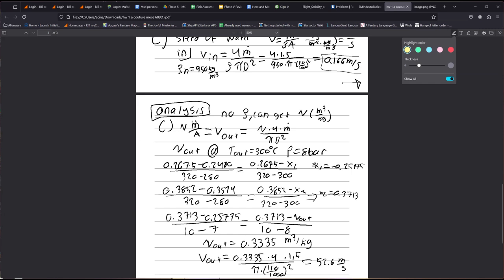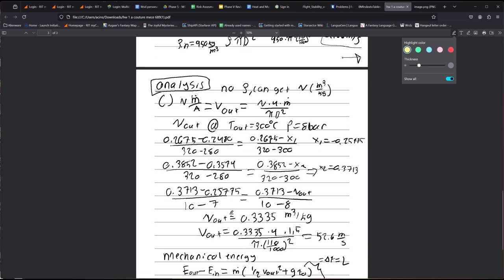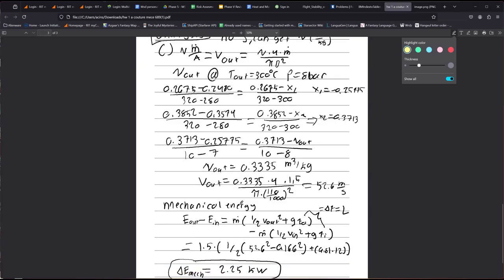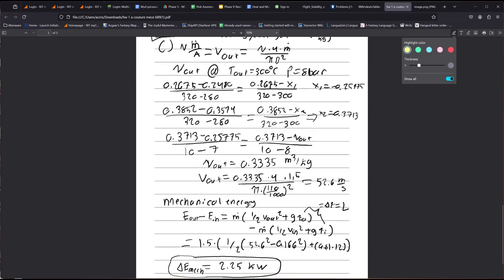I found the specific volume at 300 degrees for those two pressures, and then did another linear interpolation between those. I ended up with a specific volume out of 0.3335, and plugging all the values in, we get a final velocity out of 52.6 meters per second.